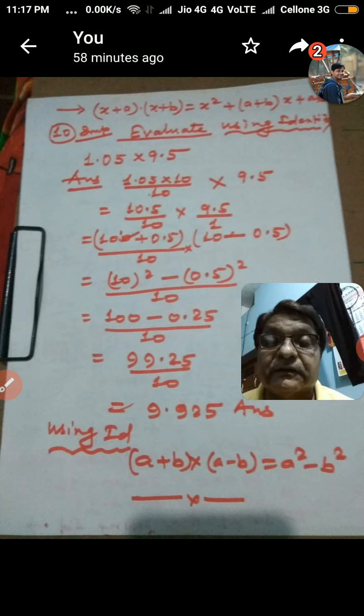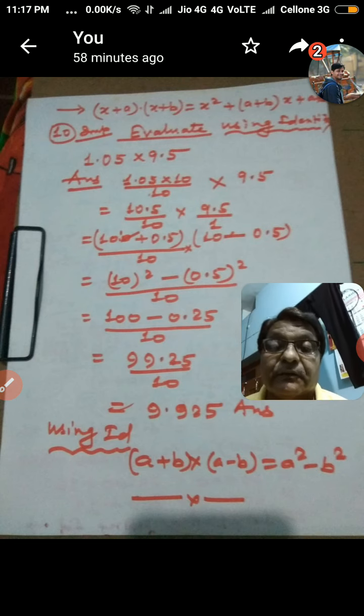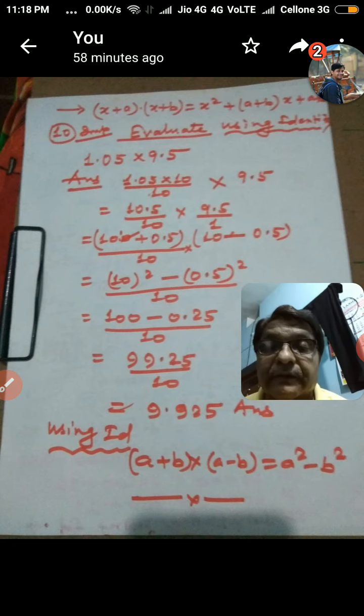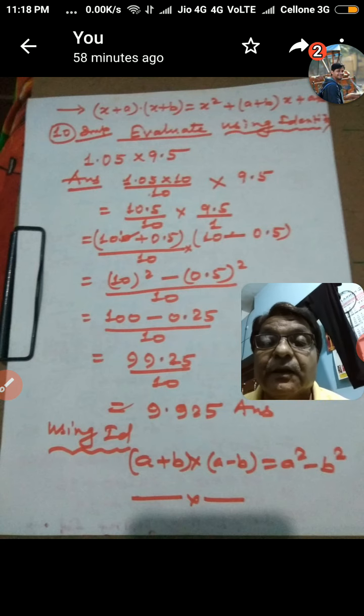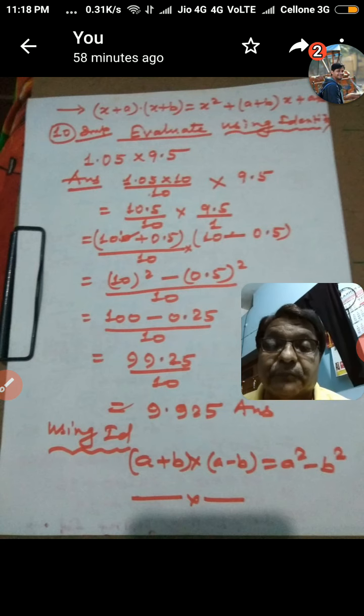It is a challenging question for a fast learner, for a scorer who always scores full marks. So the question is: evaluate using an identity, 1.05 into 9.5.